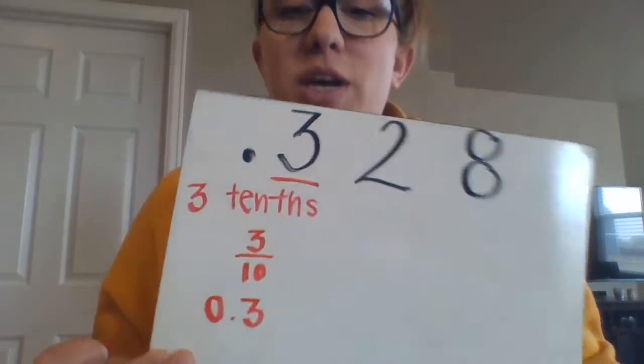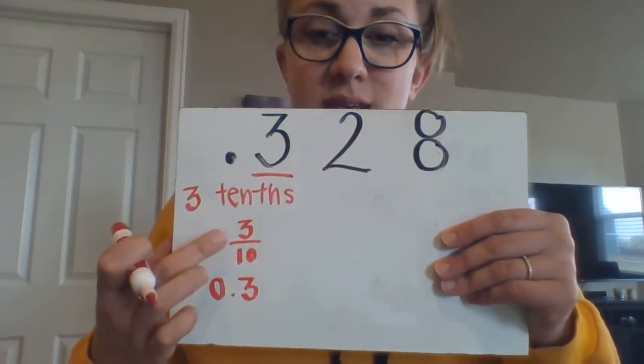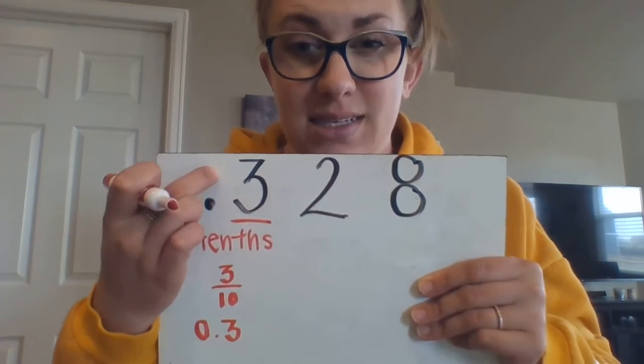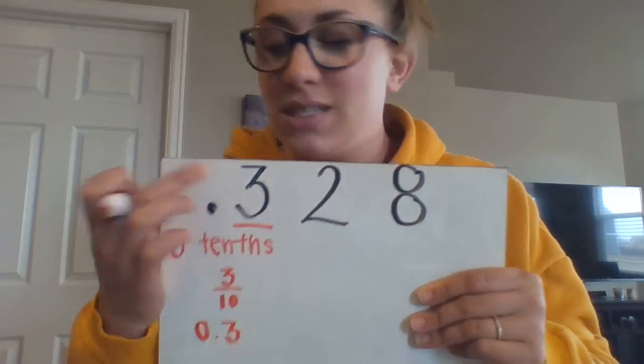I could also write this number as 3 over 10, 3 tenths. That's the fraction version. How would I write it as a decimal? I'm going to let you write that one down. Okay. Those are 3 different ways we could write that number. All the same thing representing this value, tenths.